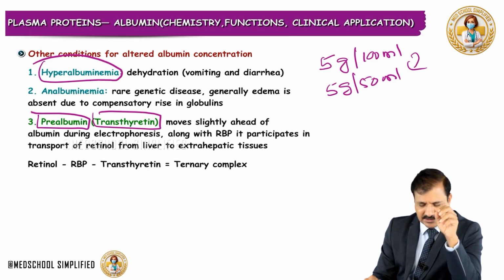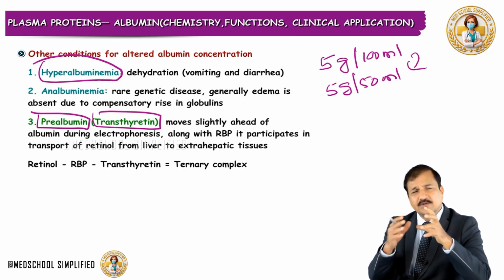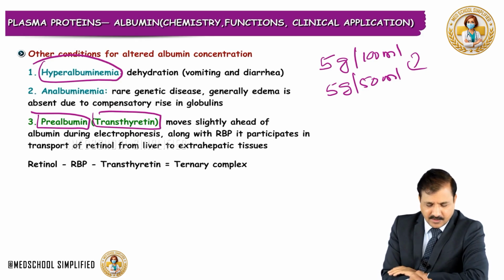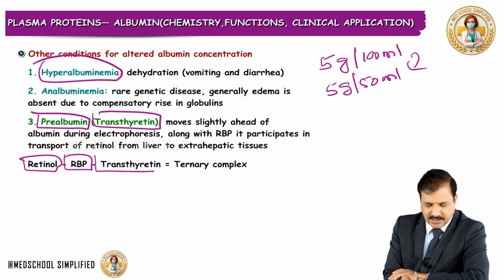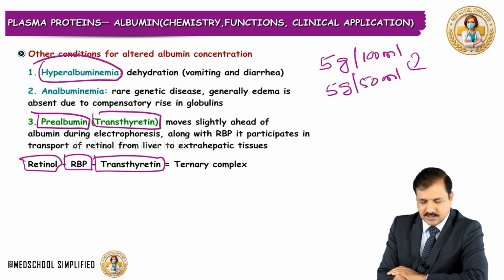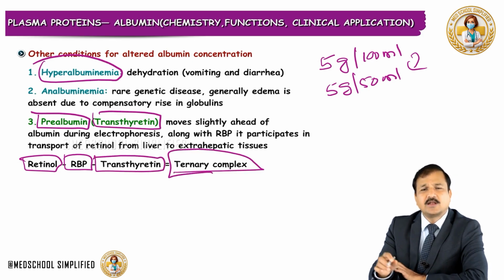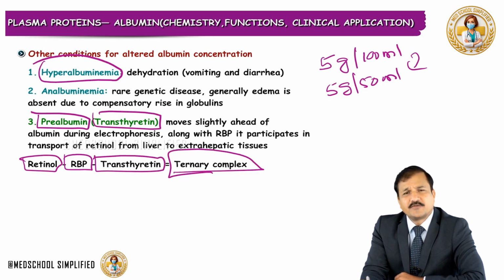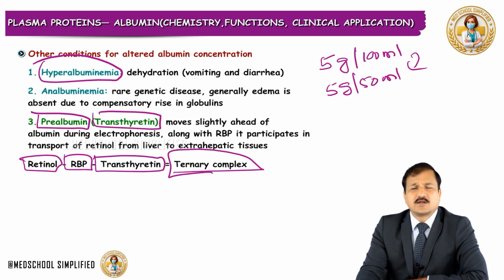And the role of transthyretin is to bind with retinol binding protein, which is attached with retinol. So the retinol binding protein-transthyretin complex, which is a ternary complex, will prevent loss of the retinol binding complex through the glomerulus and prevent decrease in vitamin A. And that's how transthyretin works.